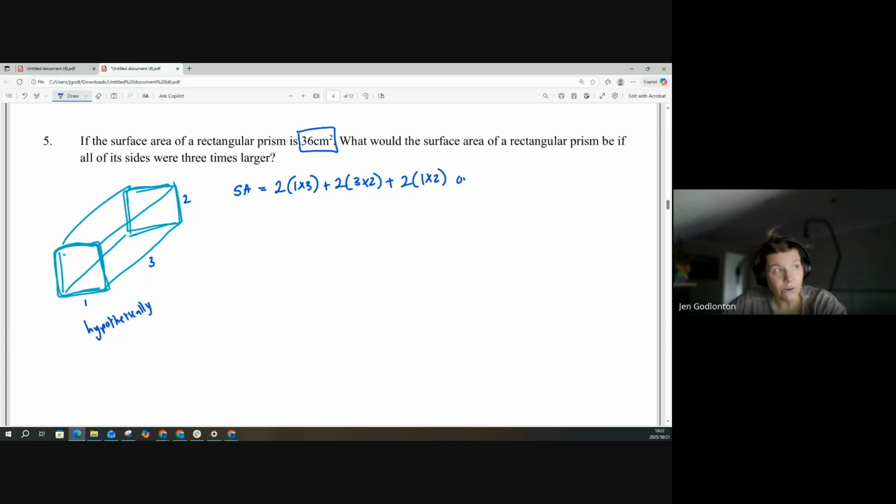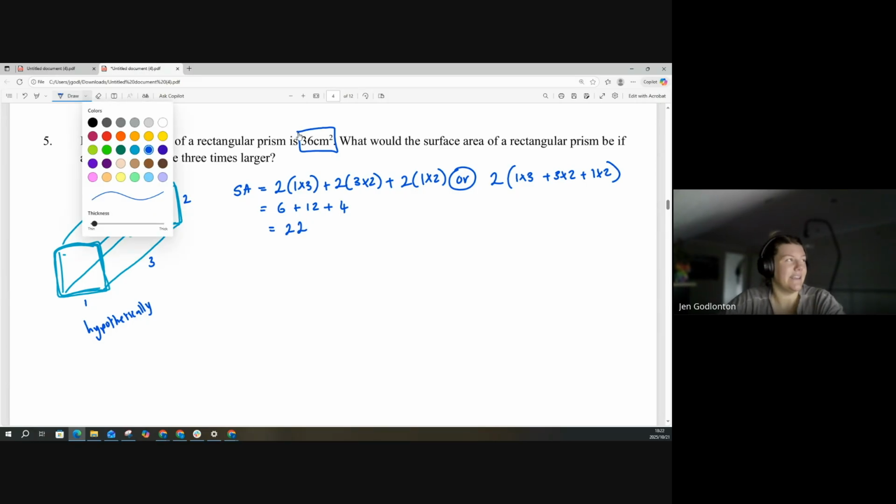Or we could just write it as 2 times 1 times 3 plus 3 times 2 plus 1 times 2. Those mean the same thing. So let's figure out what that's going to give us. We've got 6 plus 12 plus 4. So that is going to give us 22.